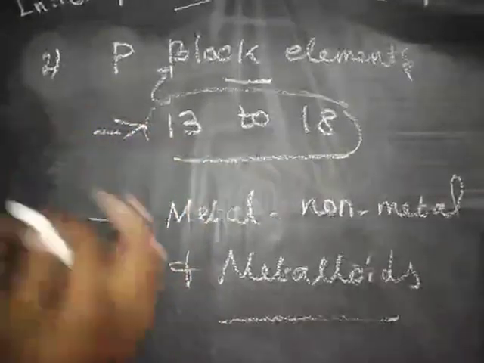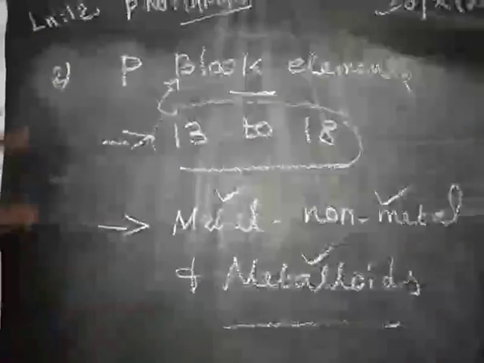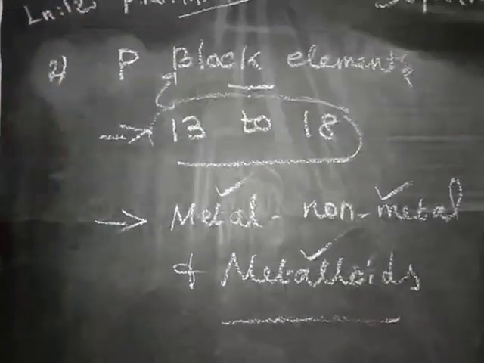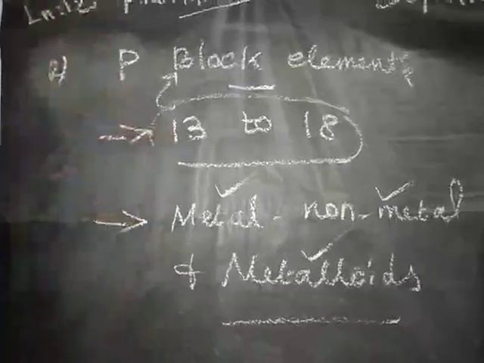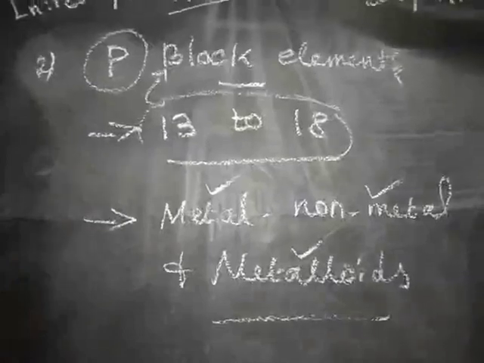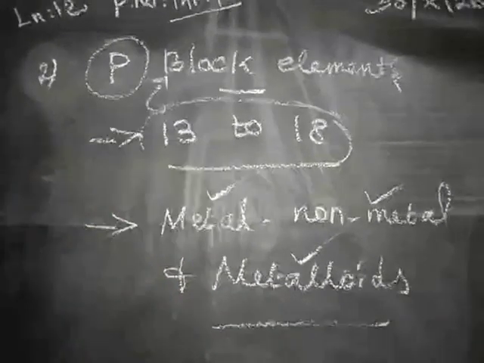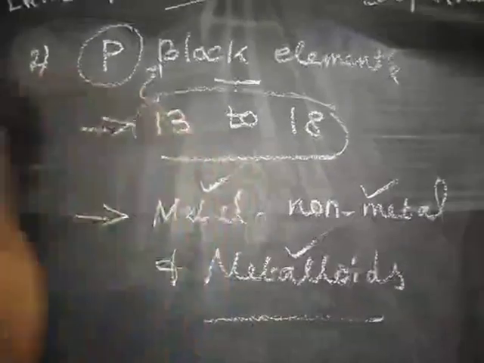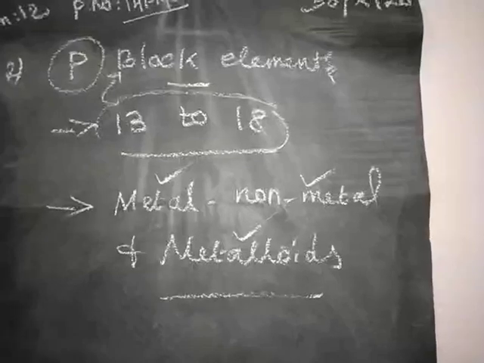This block alone contains metals, non-metals and metalloids. S block elements contain mostly metals except hydrogen, but P block elements include metals, non-metals and metalloids. So these are the salient features of P block elements.